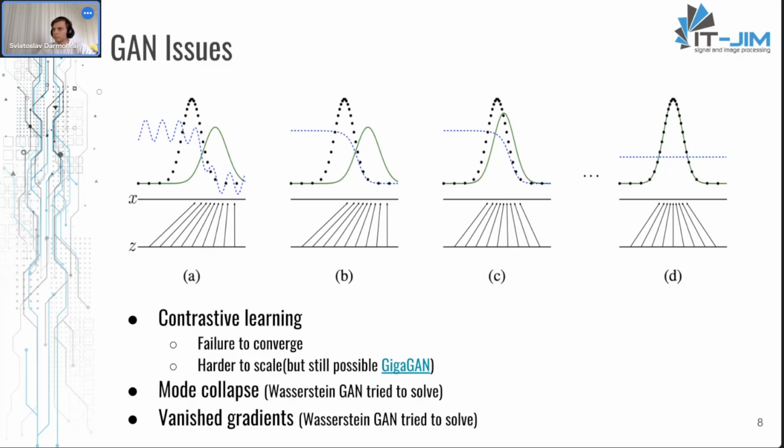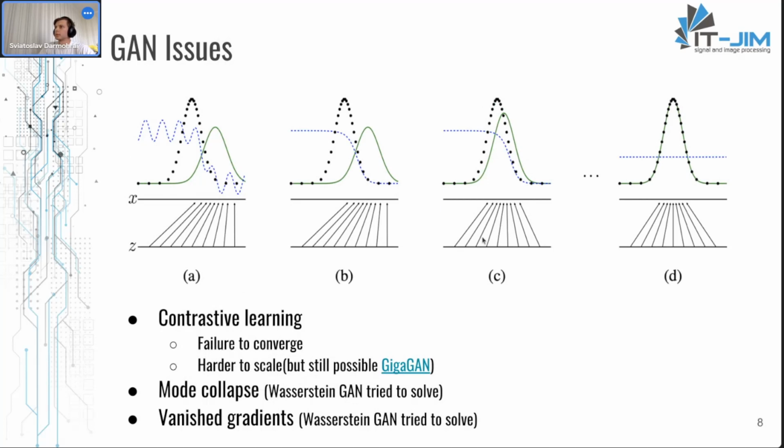Also, it was harder to scale, but this year a large GAN model was released. Also, there could be issues with mode collapse, where, for example, our generator already generates some part of the distribution well, and doesn't represent other parts of the distribution.